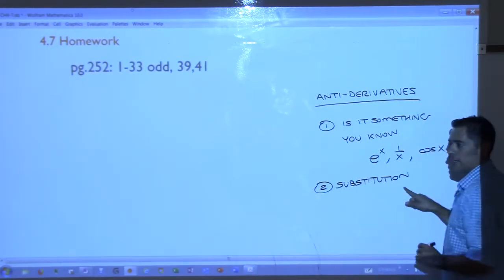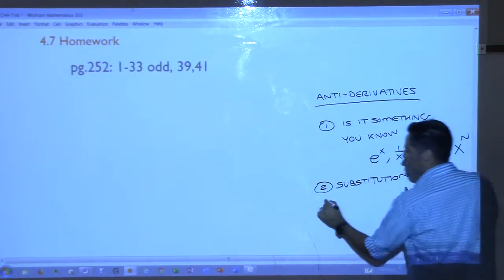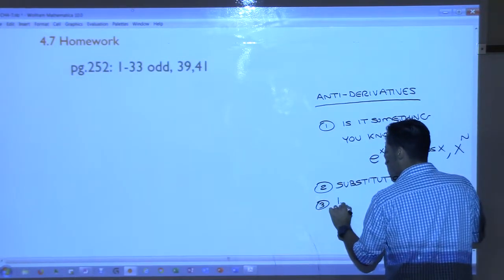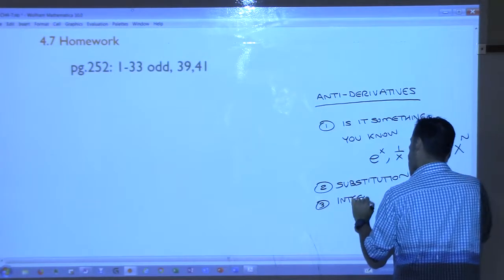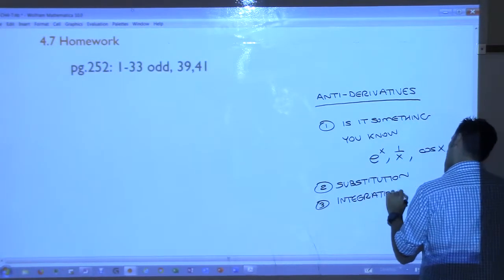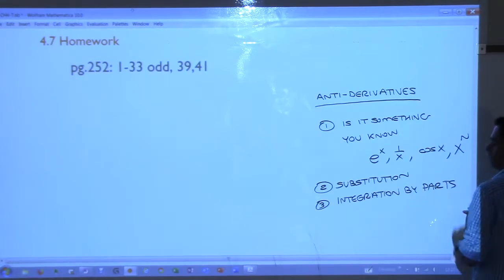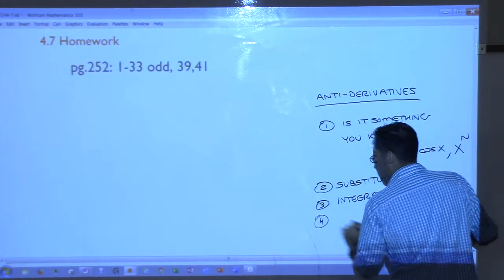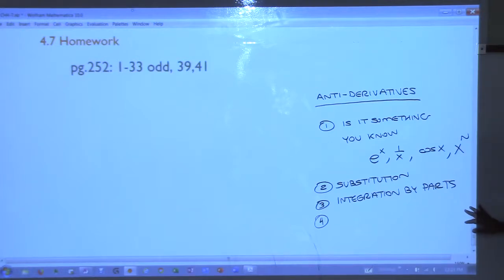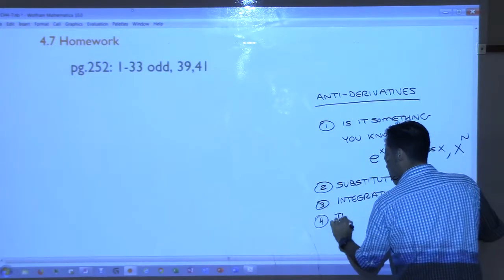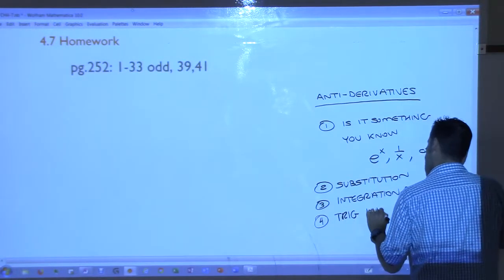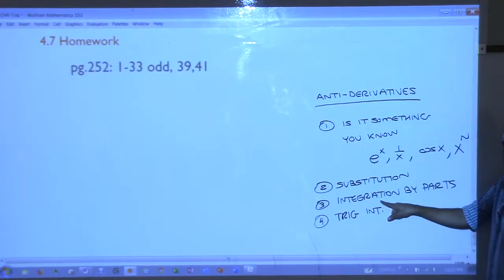That's your first technique. After we learn substitution, we're going to learn something called integration by parts. You'll come to love that. And then after that, we'll have trig integrals. Now, when you see the word integration right now, integration means antiderivative. Just think of it that way for now.